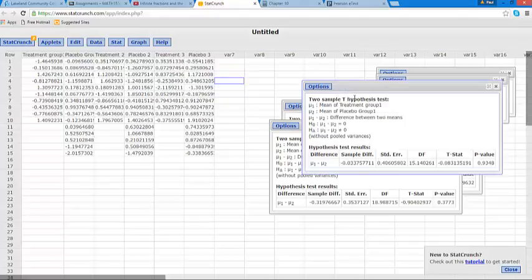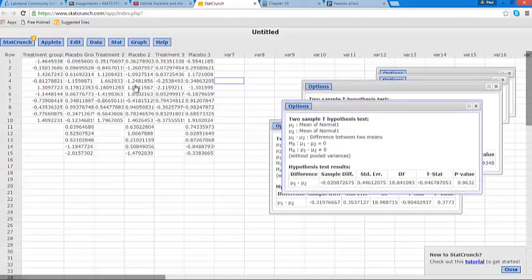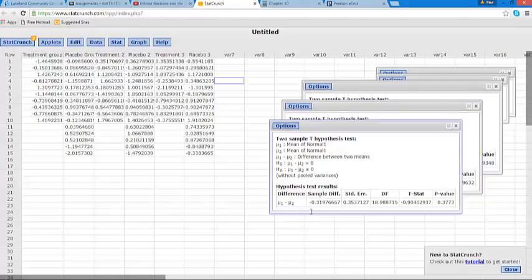Just like I did the two sample t hypothesis test and got a p-value of 93%, for the second pair, treatment 2 and placebo 2, I did it again and got a 96% p-value. Again, that's pretty high. But the third time I did it, I got a p-value of 37%. Now, I still failed to reject. Why do I fail to reject? Because remember that the project asked me to test with a 90% confidence level, so a 10% significance level.